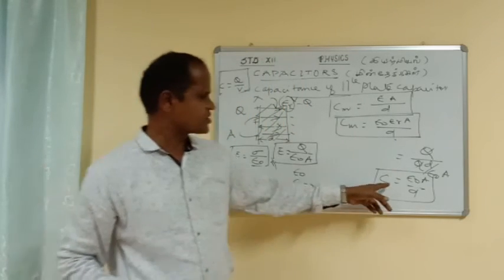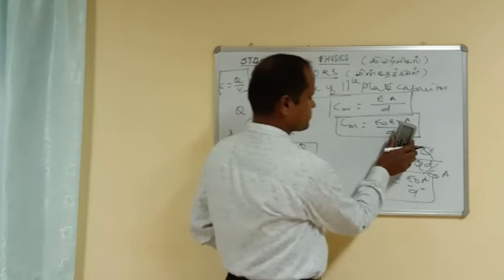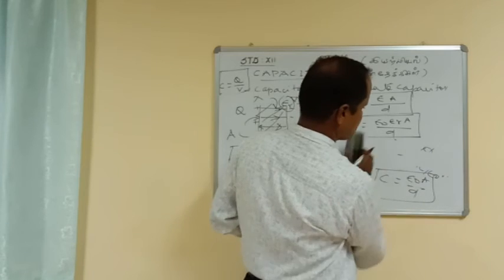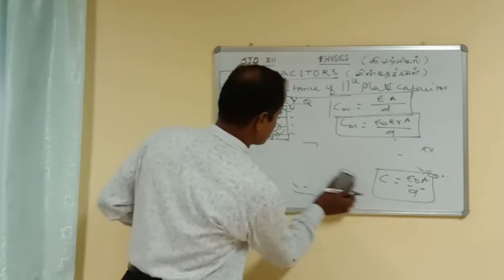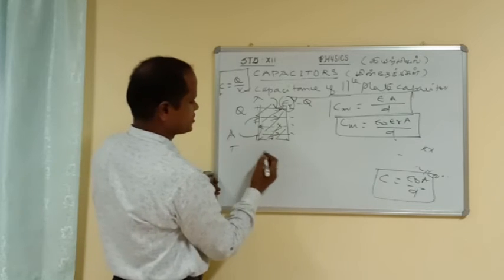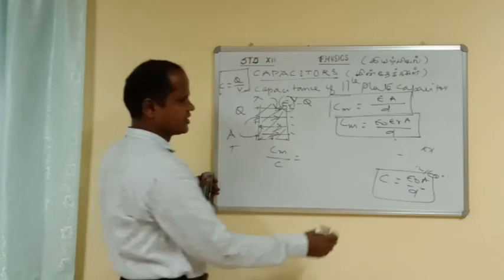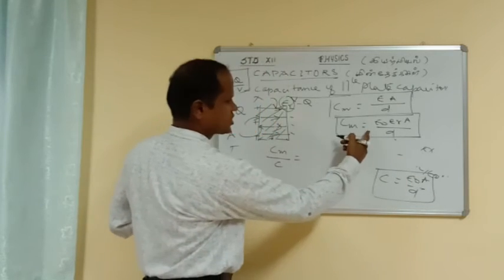So already you know the capacitance in vacuum, air. So we can divide this one. For example, Cm by C is equal to what? Dividing this equation by this one.